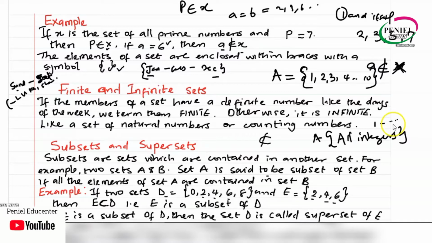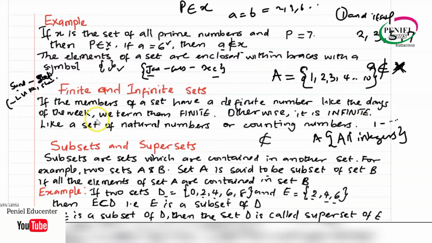Counting numbers are infinite. If you have a set of all integers that are even numbers, they are also infinite because you can't stop counting. You can count up to billions, trillions, finding all the numbers that are even or odd. So these are infinite sets, unending infinite sets.